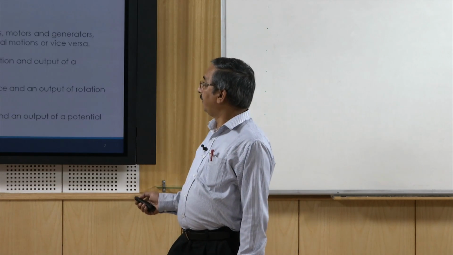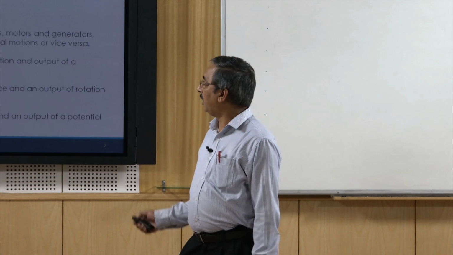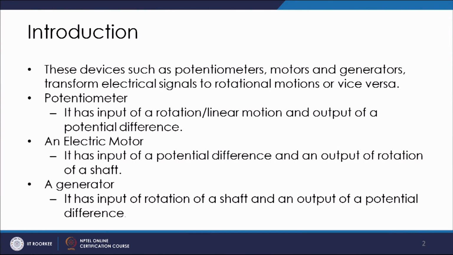These electromechanical devices are such as potentiometer, motors and generator, and they transform the electrical signals into rotational or translational motion and vice versa. So, this is what they do.